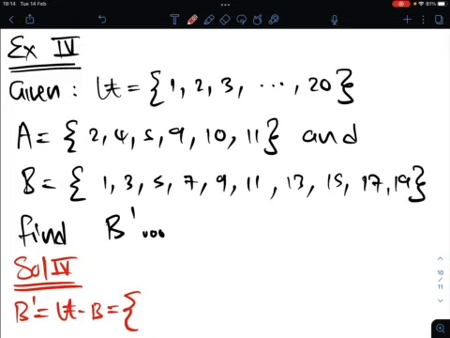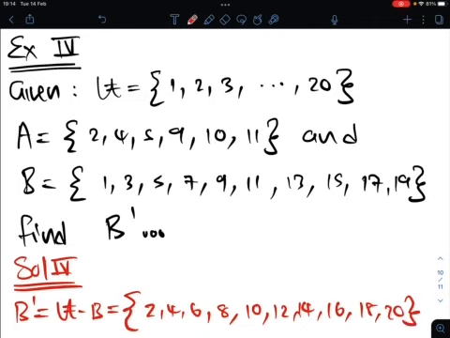But the universal set has all numbers from 1 to 20, which means I just have to delete all the odd numbers and write only the even numbers. So the remaining even numbers, 2, 4, 6, 8, 10, 12, 14, 16, 18, and 20, are exactly the complement that we are looking for.